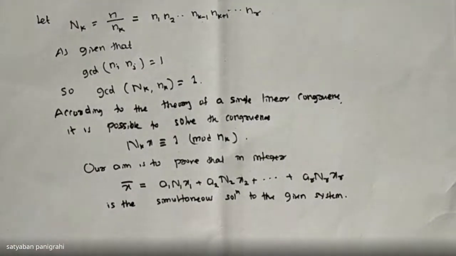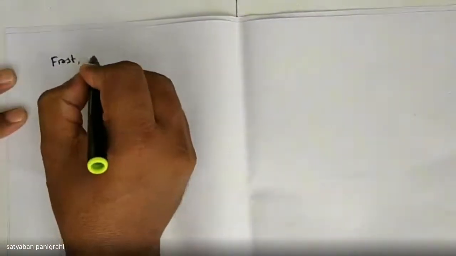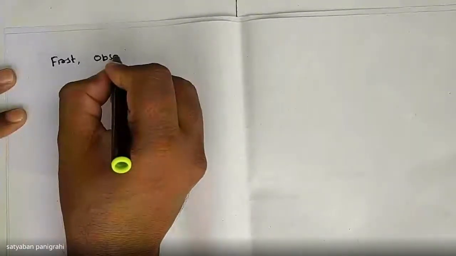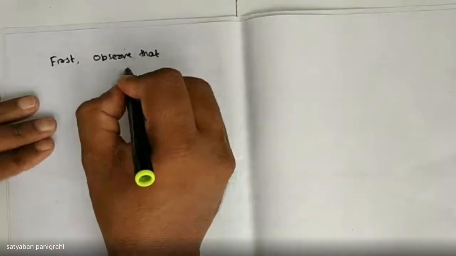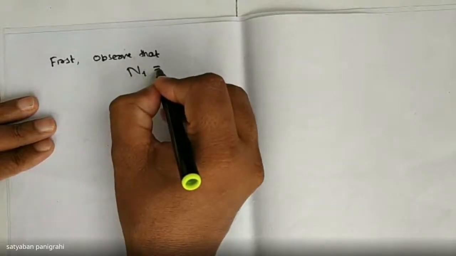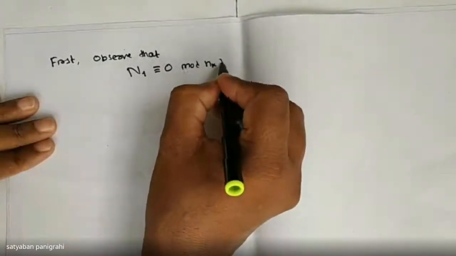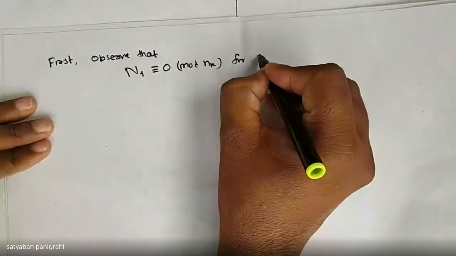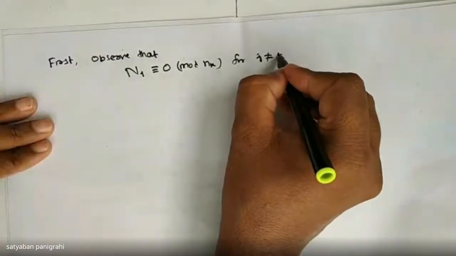Now, first observe that ni ≡ 0 mod Nk for i not equal to k.